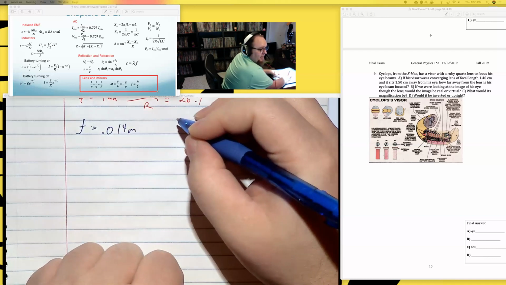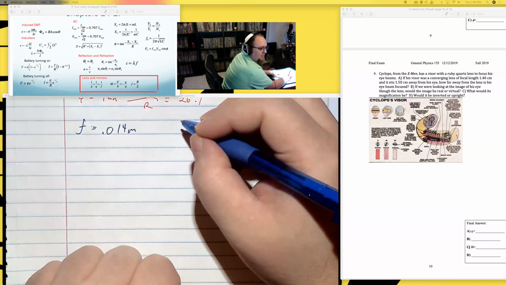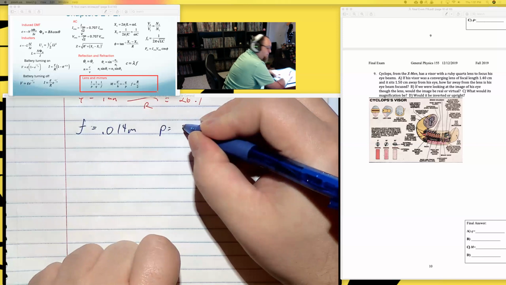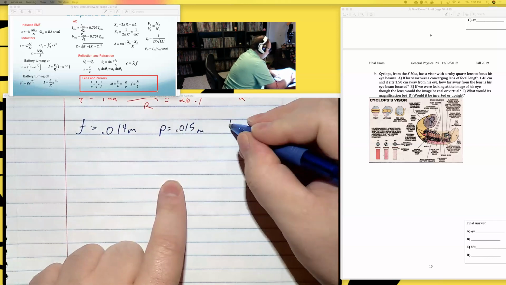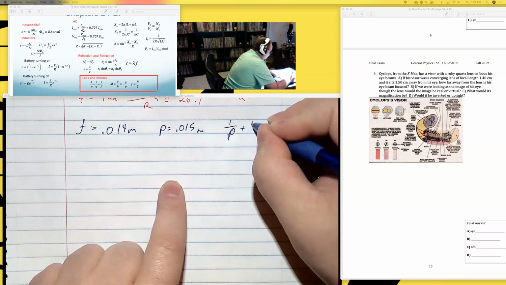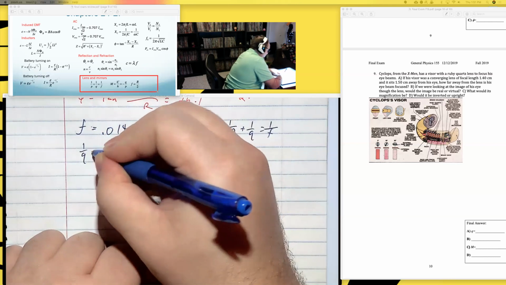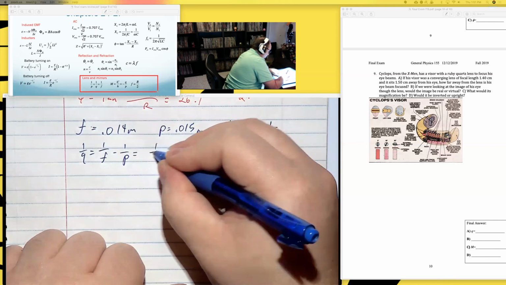And I say it sits 1.5 centimeters away from his eye. How far away from the lens would his eye beam be focused? That means P is 1.5 centimeters. And 1 over P plus 1 over Q equals 1 over F. That means 1 over Q equals 1 over F minus 1 over P, or 1 over 0.014 minus 1 over 0.015.